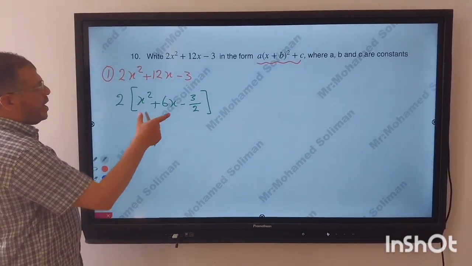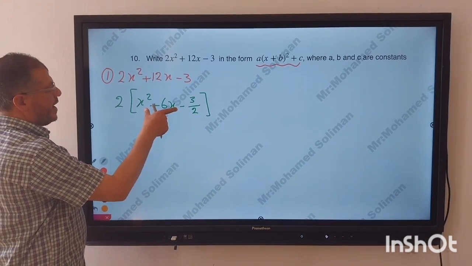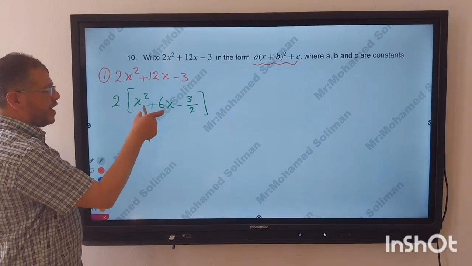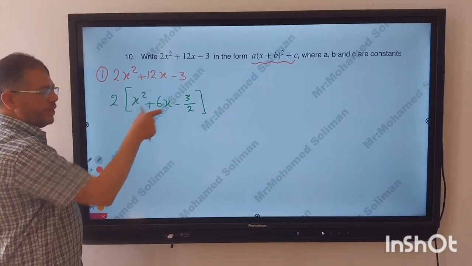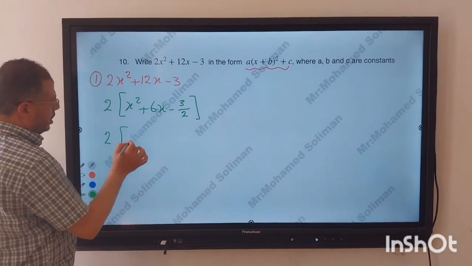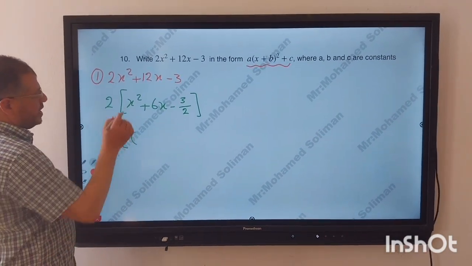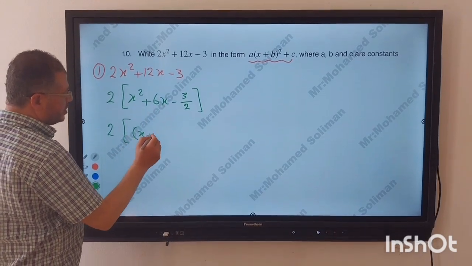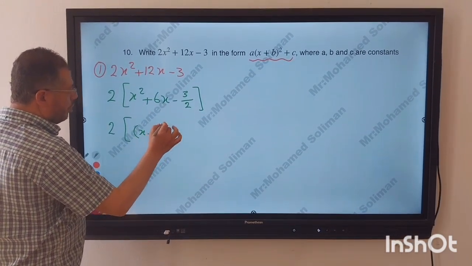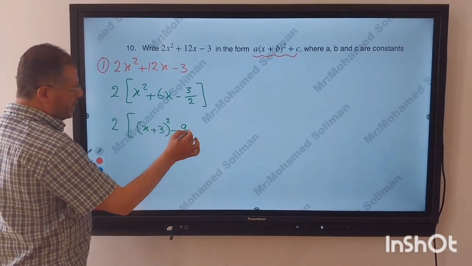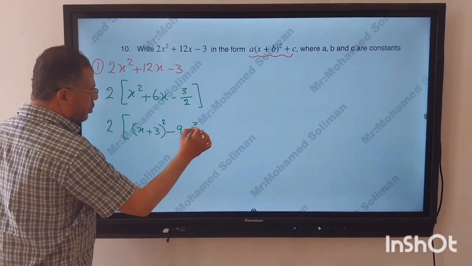Next, I have the quadratic formula that I want to work with. Let's see. 2, then open bracket, open the other bracket. Here I will put x plus 6 divided by 2, it will be 3, all power of 2, then minus 3 power of 2, it will be 9, minus 3 over 2.